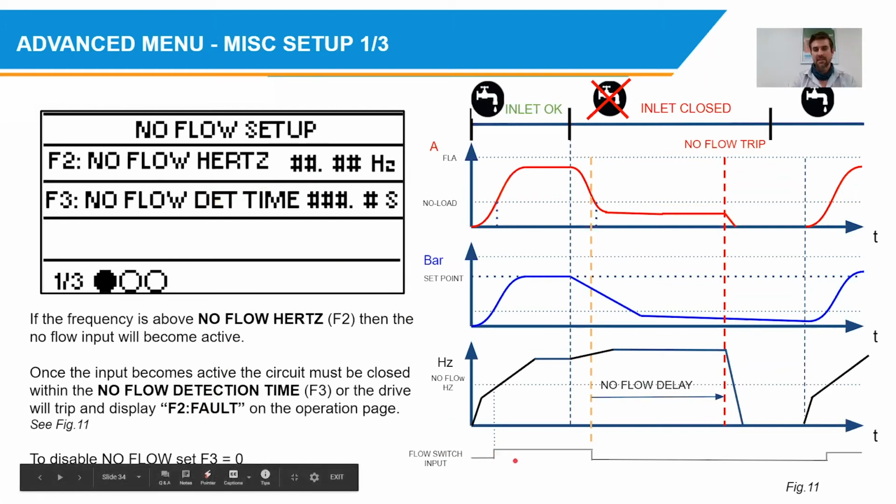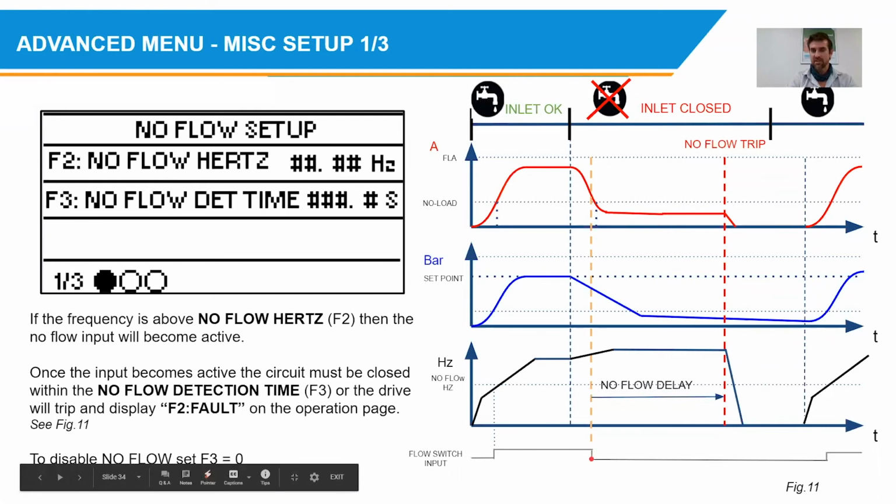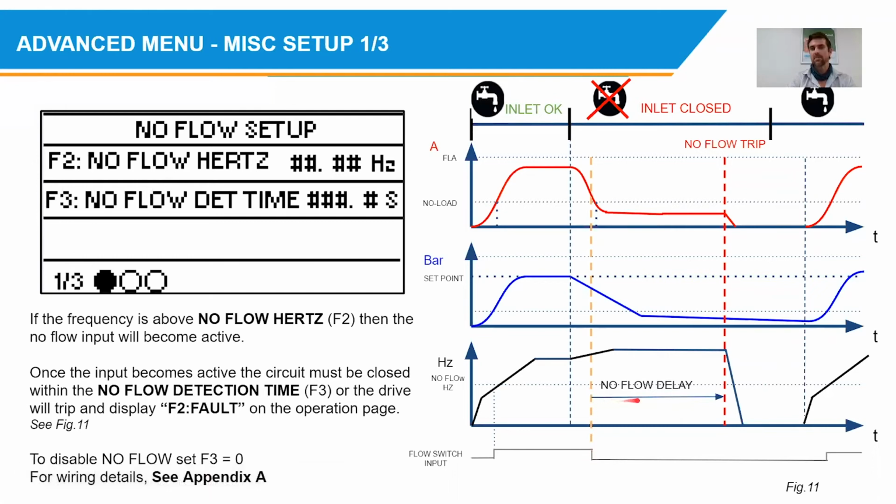And you'll note that you have to be above a specific speed for the internal circuit to be looked at. And once you're above that no flow hertz and you lose your digital signal, the system enables a no-flow delay before you would trip on a no-flow error. So you have to be at a specific speed where you deem there to be flow. And if there's not flow, you delay for that time and then trip out on a no-flow error.